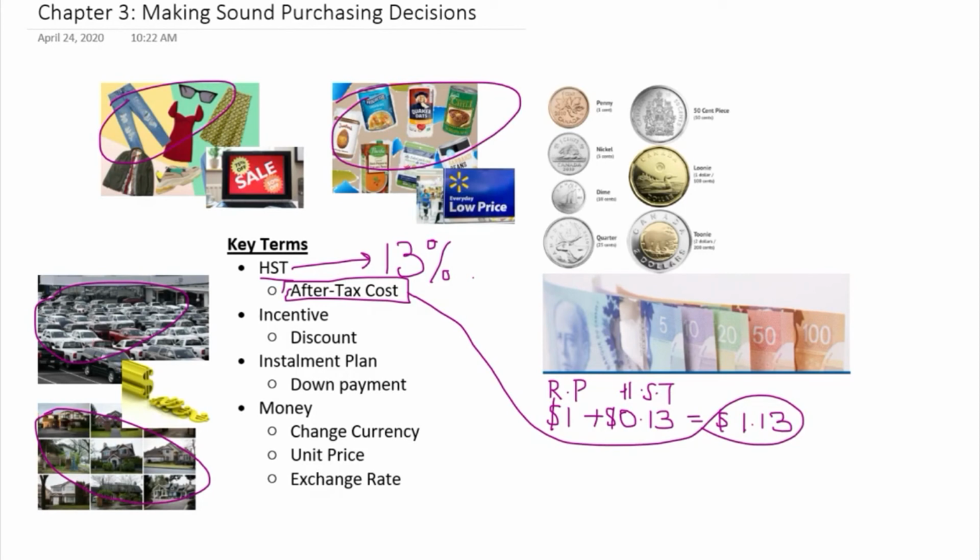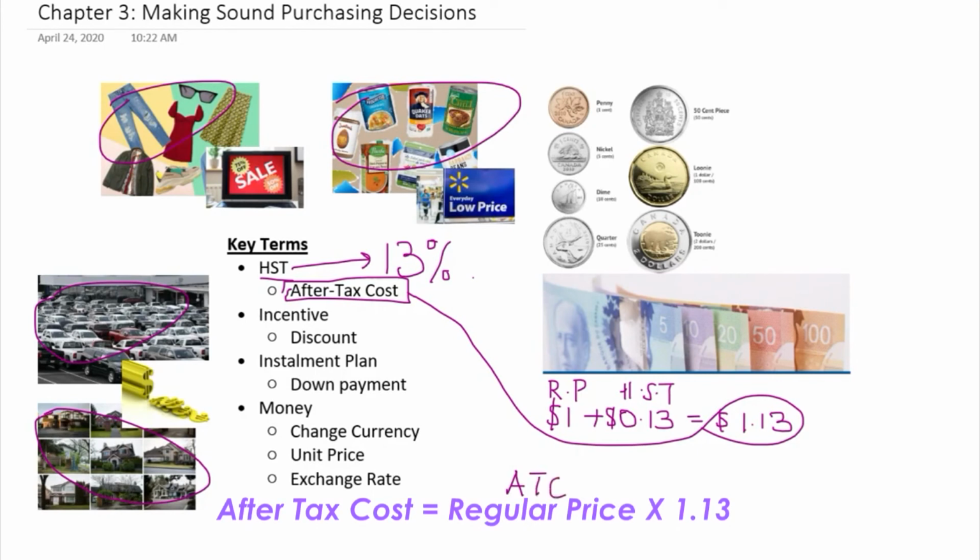So what is the formula for finding the after tax cost? The after tax cost is equal to the product or multiplication of the regular price, that is the price you see on that particular object's tag, multiplied by 1.13. 1.13 is taking into account the HST in Ontario for that particular product.